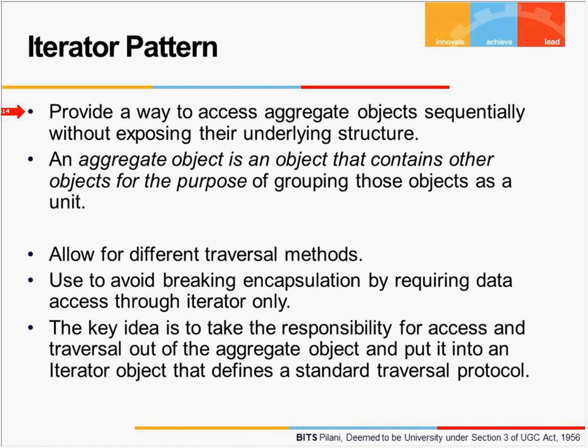Underlying structure, right? Aggregate object. An aggregate object is an object that contains other objects for the purpose of grouping those objects in a unit. A list, for example, is an aggregate object.